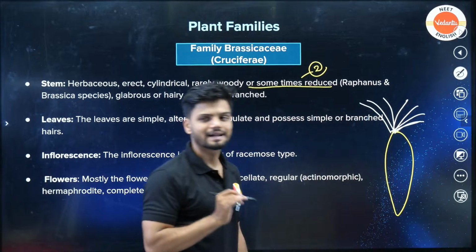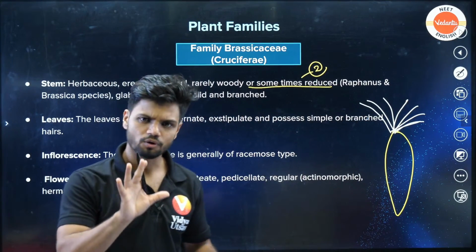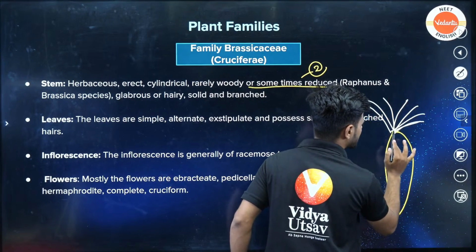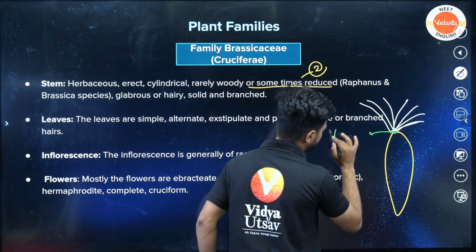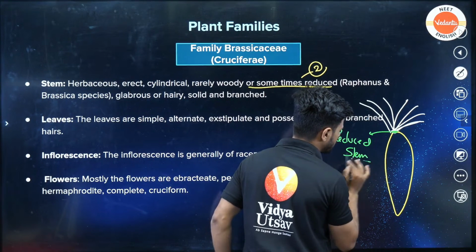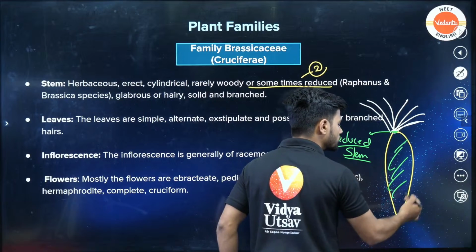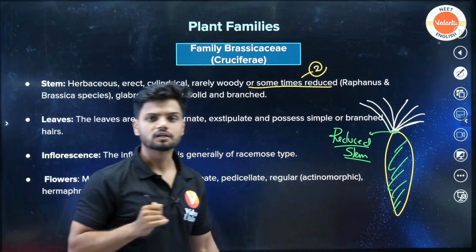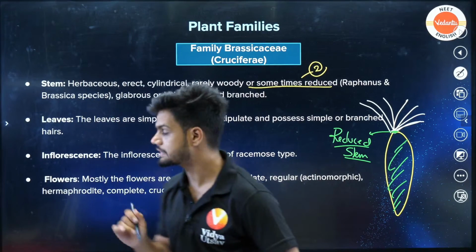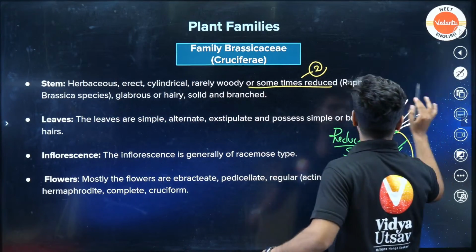Yes, sir, the radish has a lot of leaves. Now on this radish, do you see a stem anywhere? No. We have something called a reduced stem, and we have complete root modification. That point you need to remember in your Brassicaceae. That is your second point.